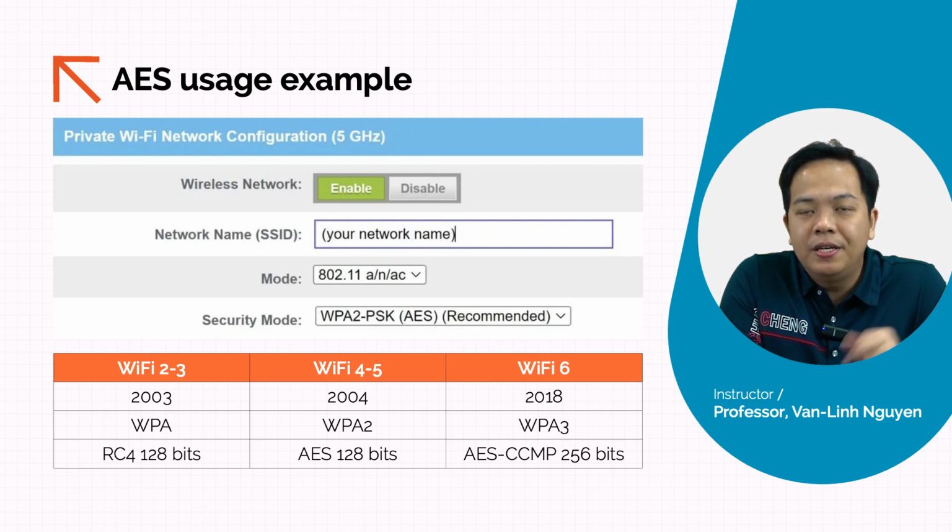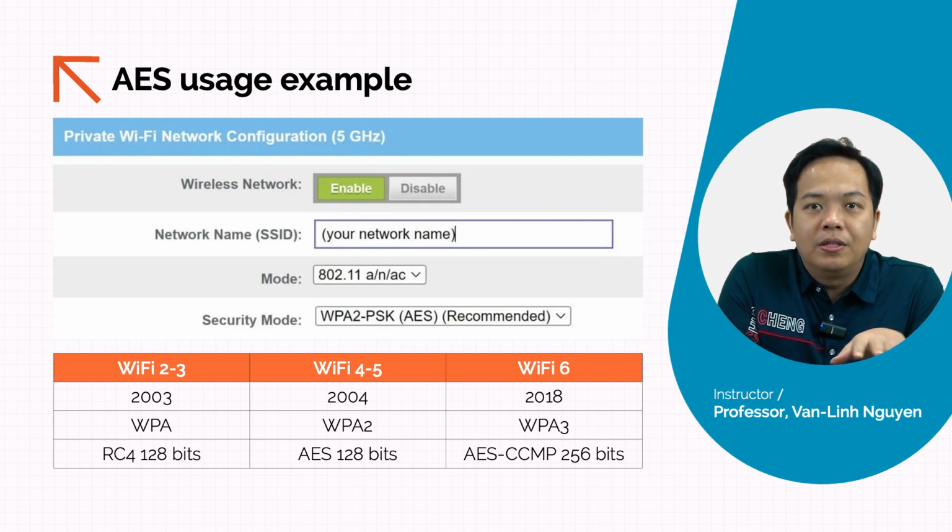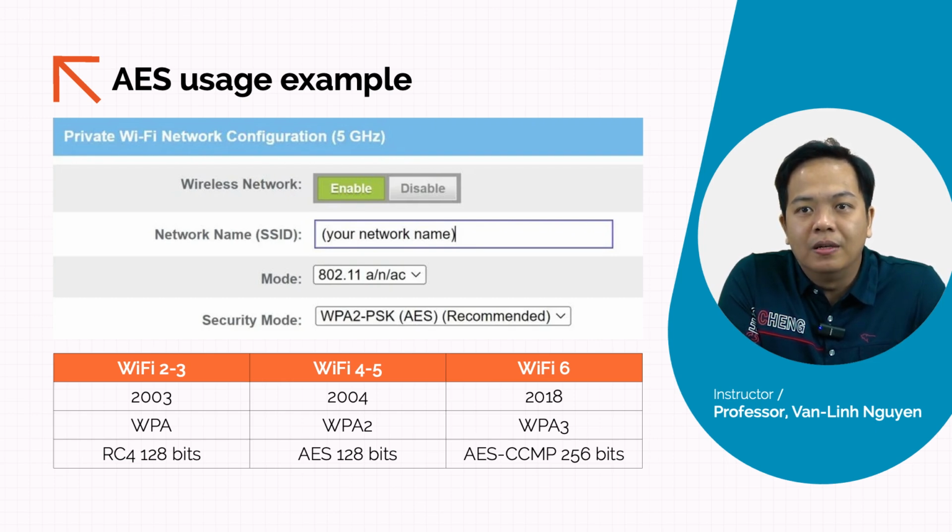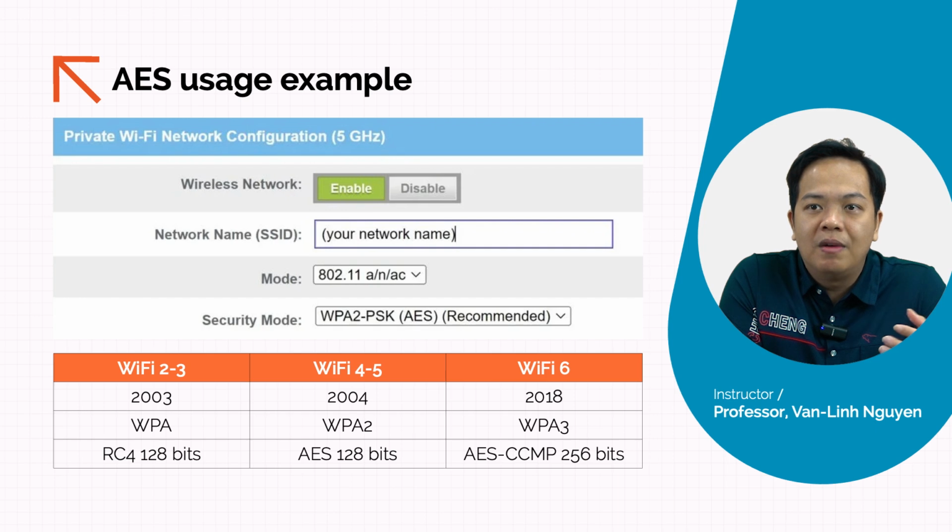The term indicates which encryption algorithm they use in the setting. In Wi-Fi 2 and 3, they may use WEP, which still uses the RC4 algorithm. But from Wi-Fi 4 and Wi-Fi 5, they started to use WPA2, which uses AES with 128 bits.